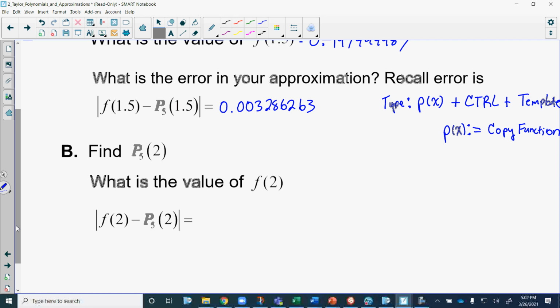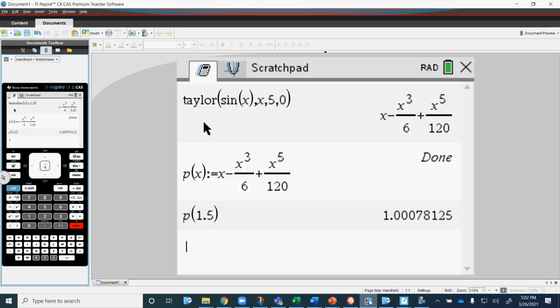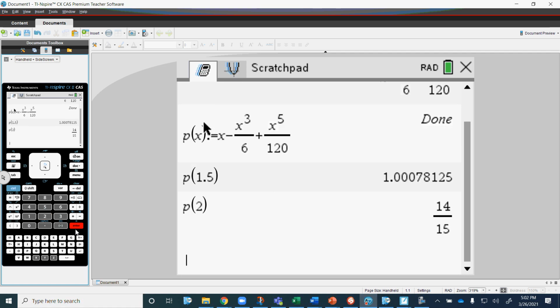So now it's asking us to find P of 2 and F of 2. So if I want to find P of 2 on my calculator, again, I'm going to just go here and I can say P of 2 and hit enter, and it gives me 14/15.